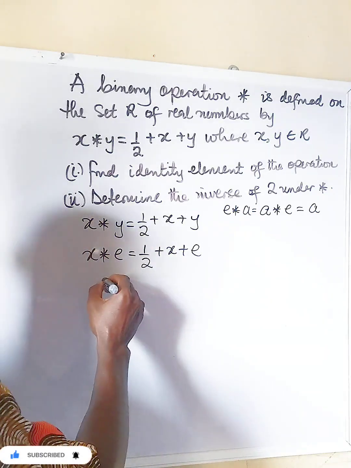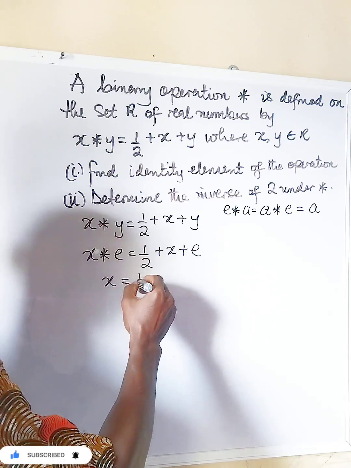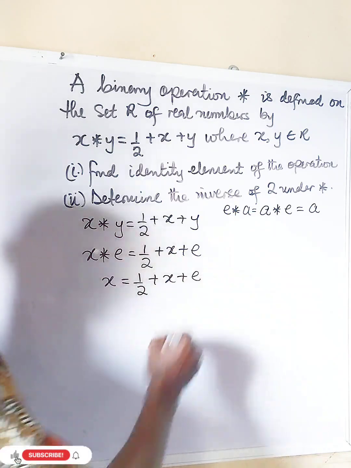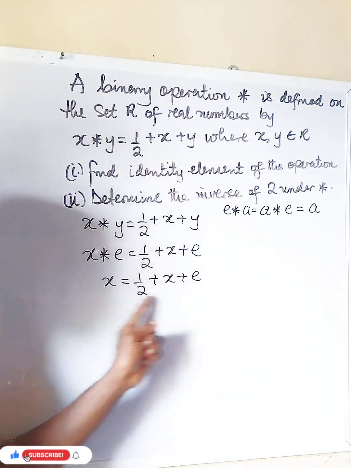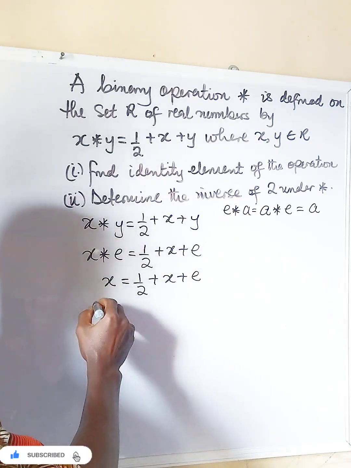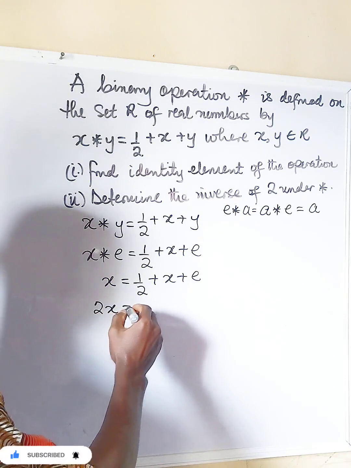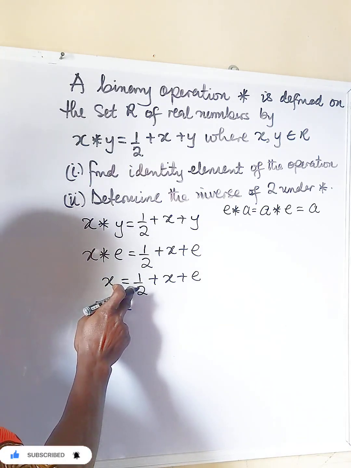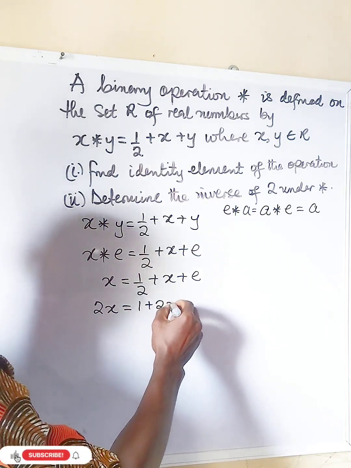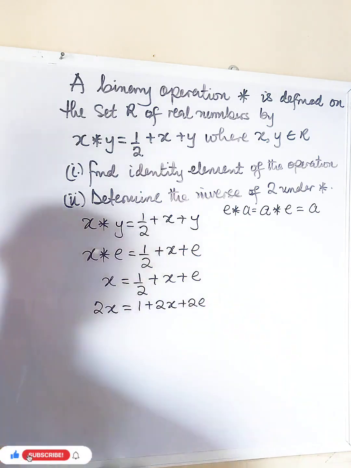So here we have that x equals 1 all over 2 plus x plus e. Now let us multiply 2 to both sides of the equation to eliminate this denominator of 2. So here you have 2x equals, when you multiply 2 by this half, it gives you 1, then plus 2x plus 2e.